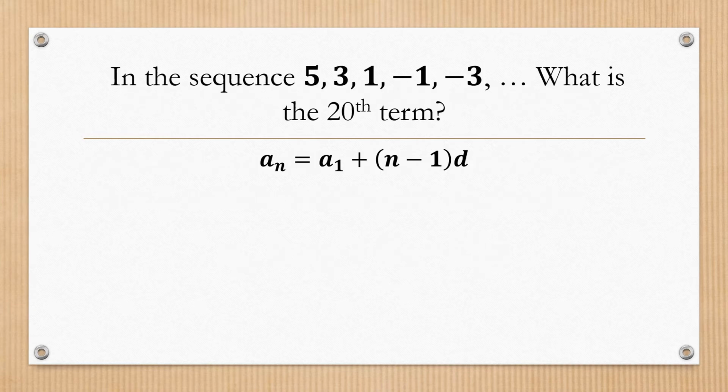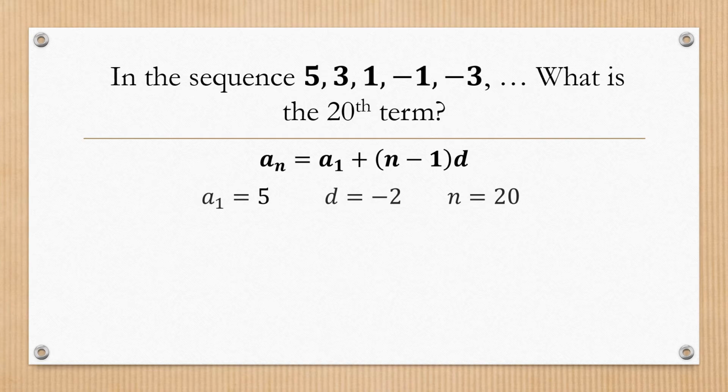Let us find out what is the 20th term using the nth term of the arithmetic sequence. Firstly, we need to identify the first term, a sub 1, which is 5, the common difference, d, which is -2, and n, or the term number, which is 20, since we are looking for the 20th term.